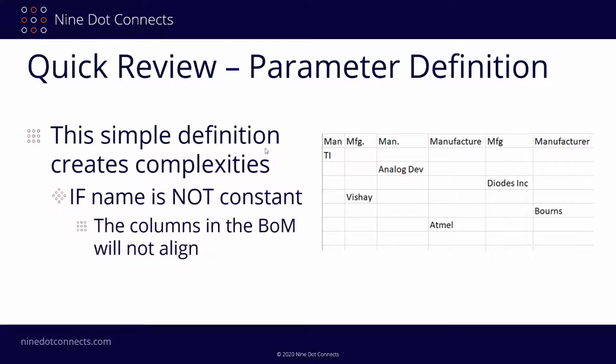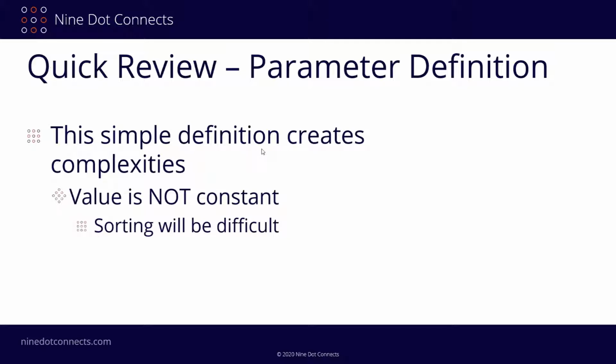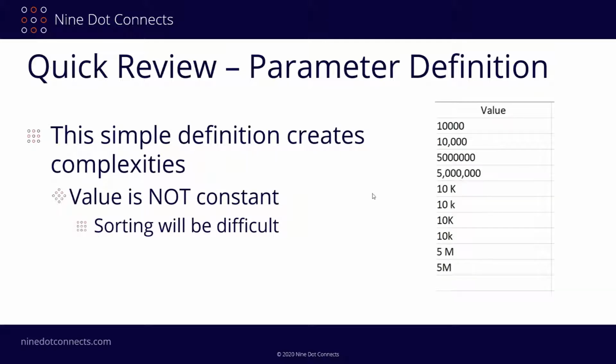Now, same thing happens when we talk about values. So when the values are not consistent, well, we get something like this. So what I did here was I said, well, you know what, I'm going to take a spreadsheet and I'm going to take two values. I'm going to take 10,000, I'm going to take 5 million, and I'm going to basically put them in, and then I'll sort them out.